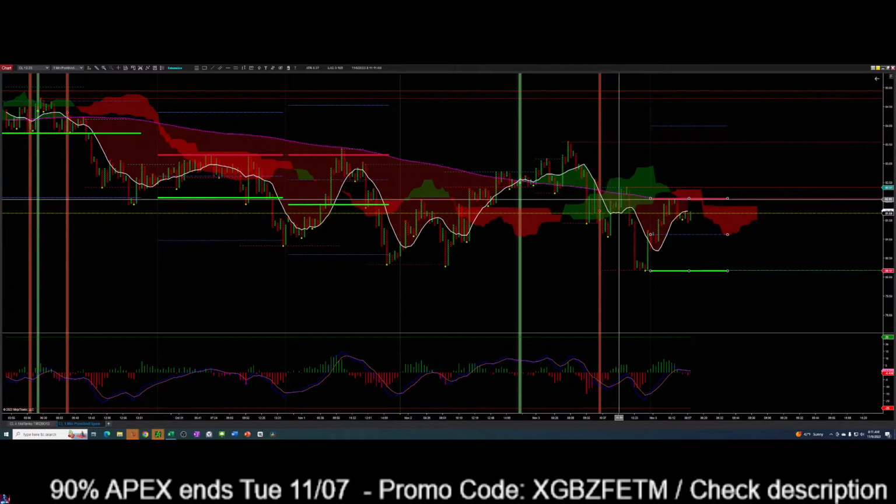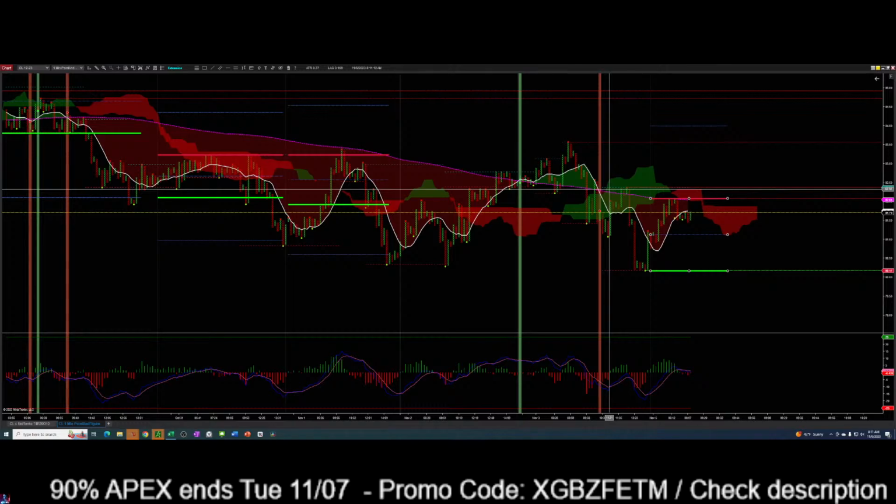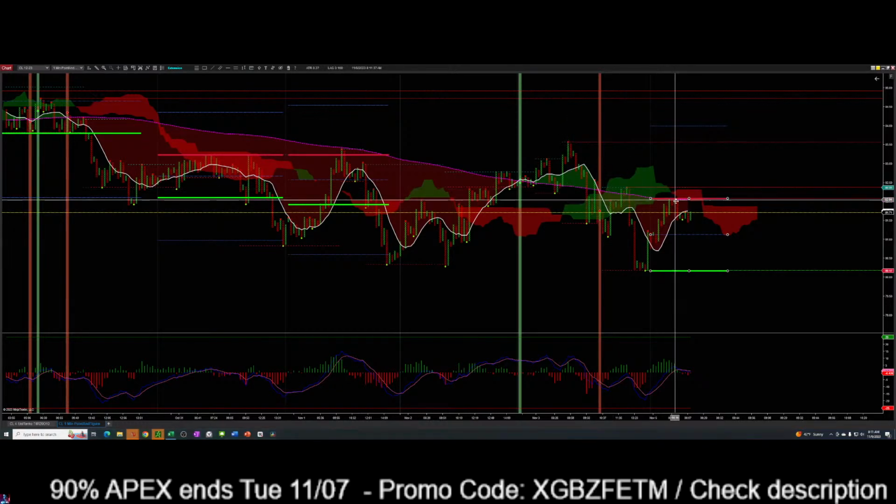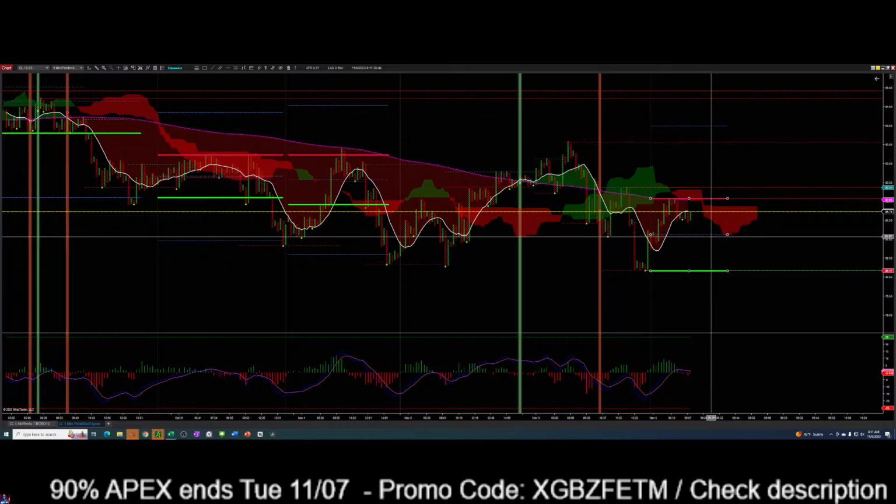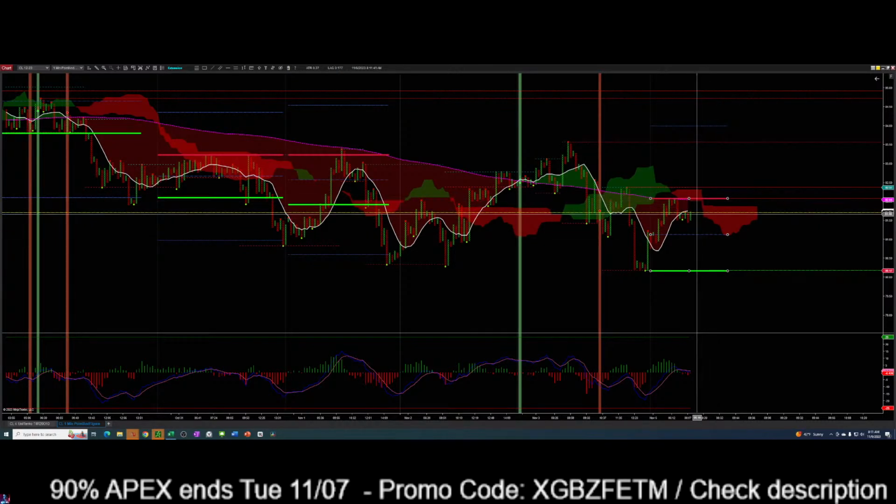Just to give some perspective, there is definitely support at this level right there, I would say. Okay, but we're below the resistance here at this level. But we are right below the 200 simple moving average there. So let's leave it at $82.